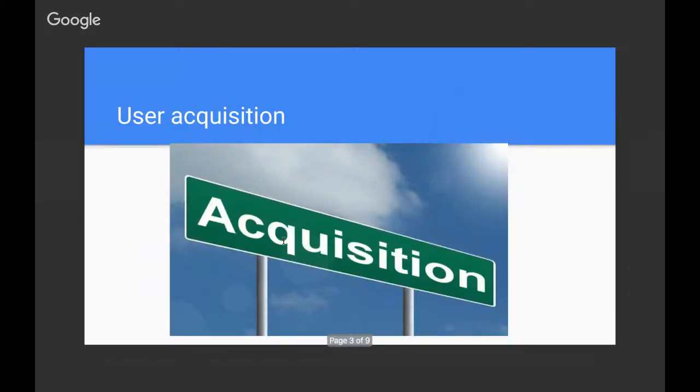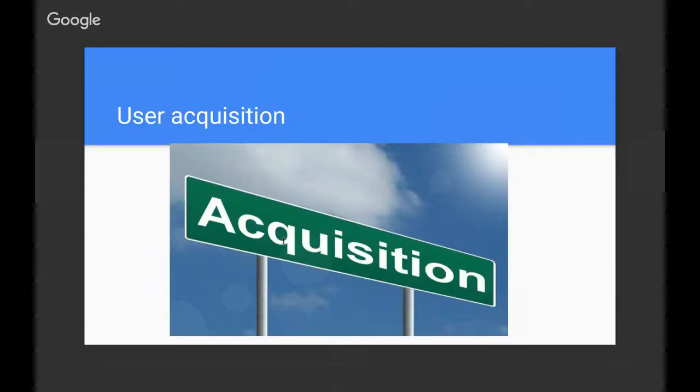So the first thing about lesson number 3 is about user acquisition. We know that you need to create an immersive message for your potential users. So the question that you always need to ask is why should they listen to it.